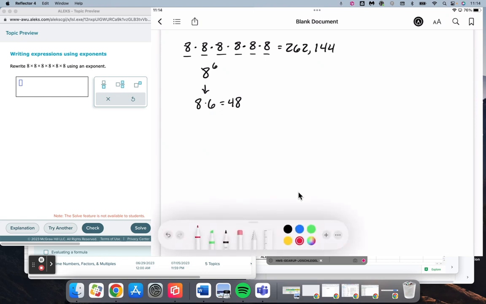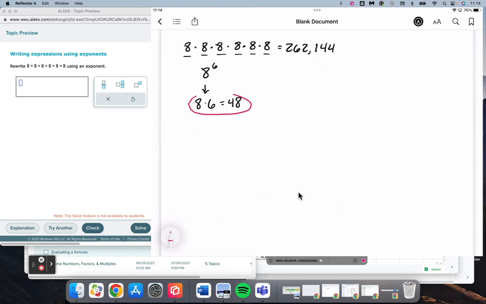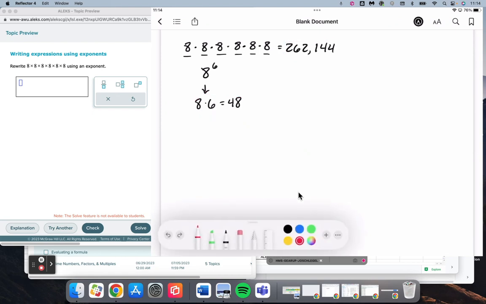These two values, 8 times 6, which equals 48, and 8 to the power of 6, which equals 262,144, are very different. So just be careful that 8 with the exponent of 6 does not mean 8 times 6. It means 8 times itself 6 times.